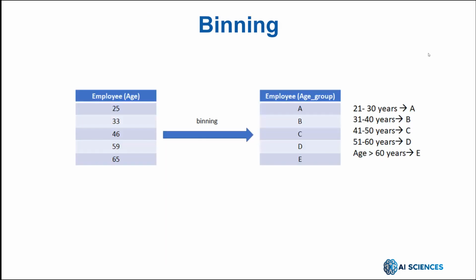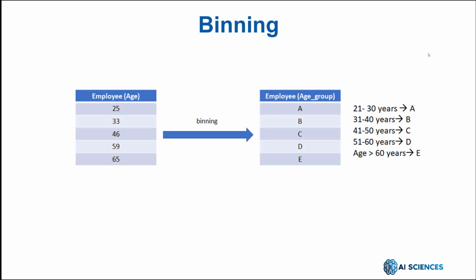Binning. In a few machine learning scenarios, continuous features cannot be used directly to train a model. These features should be converted into categorical features, and then one-hot encoding should be applied to make these features important for the machine learning model. In our employee dataset example, employee age ranges from 21 to 60 years.